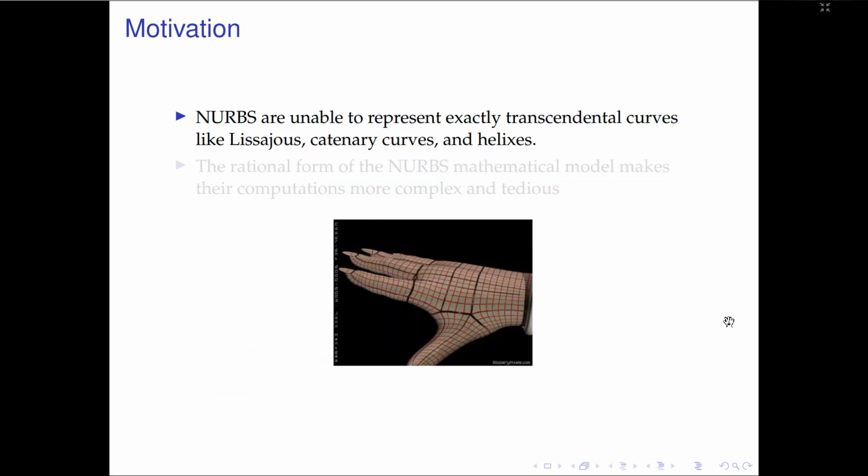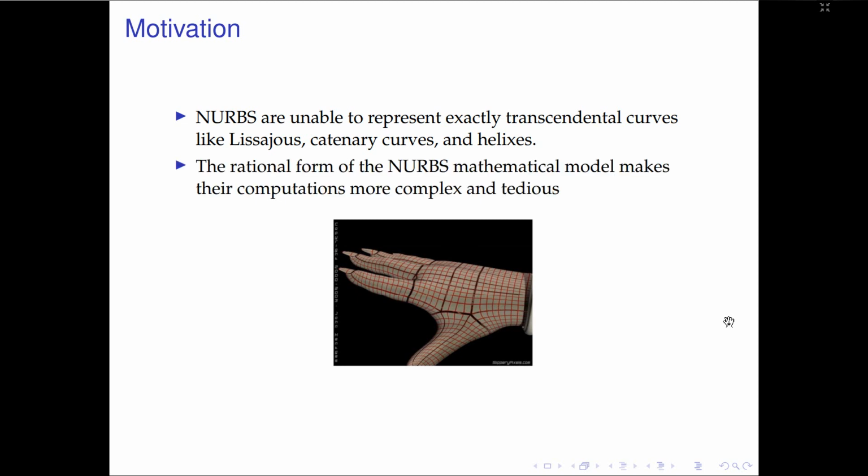But NURBS has many problems: it is unable to represent exactly trigonometric curves, the Lissajous curve, or the hyperbolic catenary exactly, and also the calculation of masks in applications is complicated.